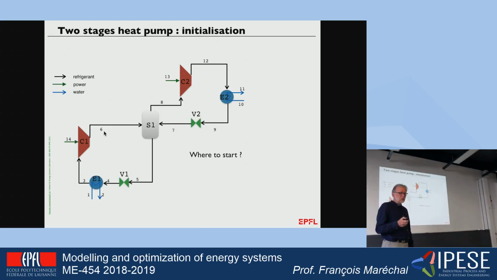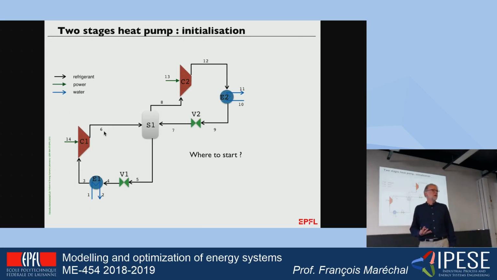If I'm asking you, let's try to solve the problem, where do you start? There is a big silence because, in fact, it's impossible to decide where we start. We are in a system where we have loops and no way to decide where we start.